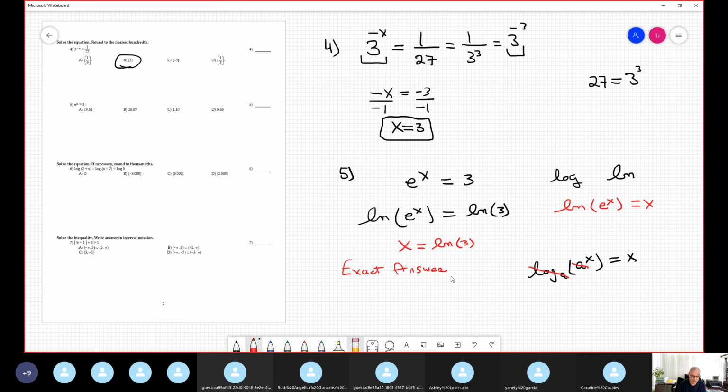Close the parenthesis, press enter. The answer is 1.0986122289. And they want two decimal places.